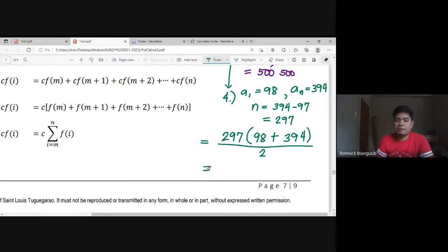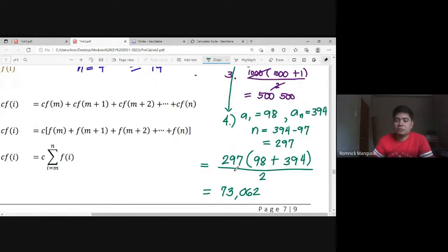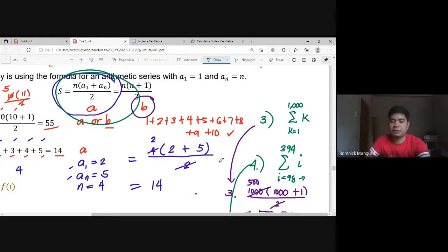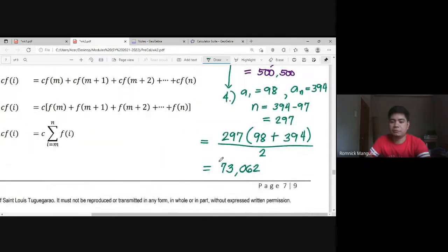So we will now calculate together 297 times 98 plus 394 divided by 2 is 73,062. Okay, so we have number 3 that is 500,500 and number 4 that is 73,062.